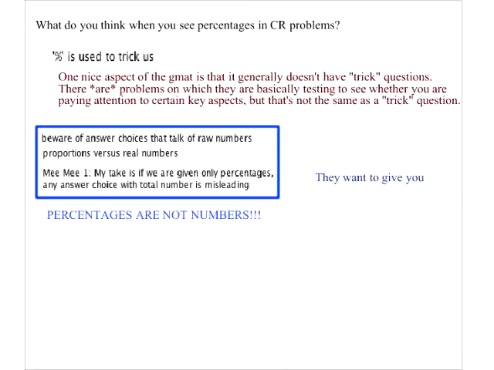So they want to give you problems that don't require extensive calculation, if they require any calculation at all. So they want to give you problems that test the concepts behind the math.